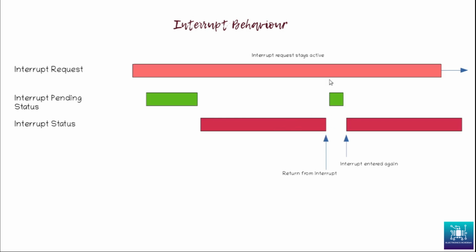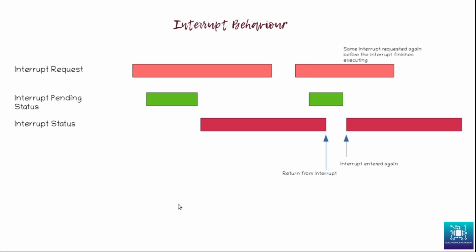The moment the ISR completes, since the interrupt request is indefinitely high, again a pending state is raised and the interrupt is entered again. So if the interrupt request stays active, this interrupt is going to be entered repeatedly. Once it completes, it's going to go back and enter again, and this keeps happening as long as this interrupt request stays active. So this is another behavior of the interrupt.